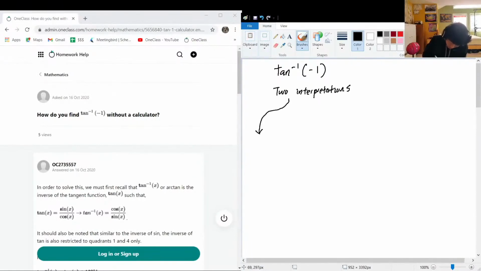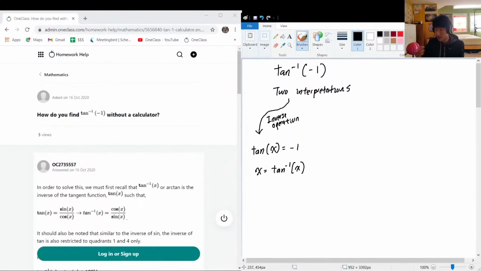So we have one, which is the inverse operation. Meaning that tan of, let's say x is equal to negative 1, x is equal to tan inverse of x.